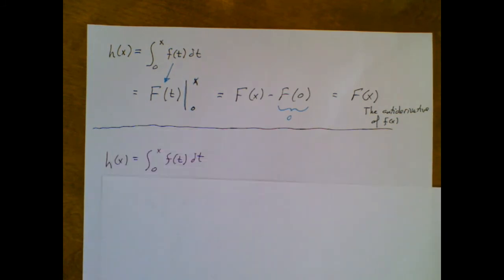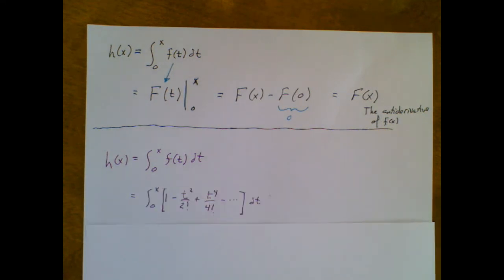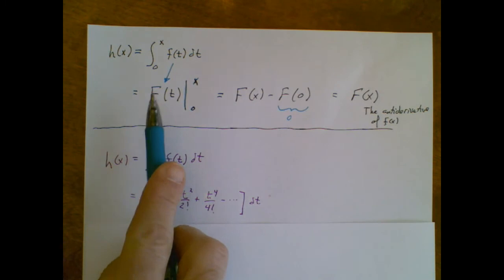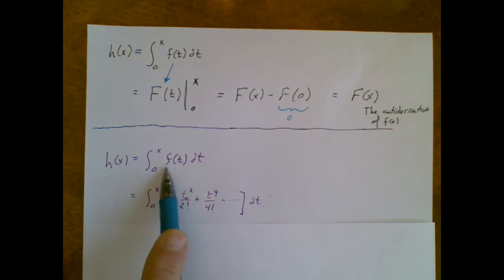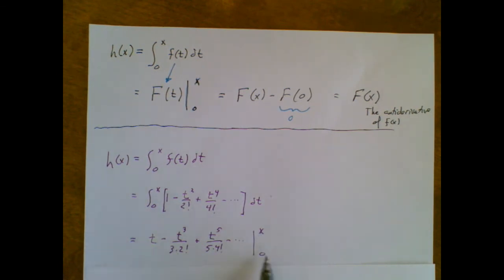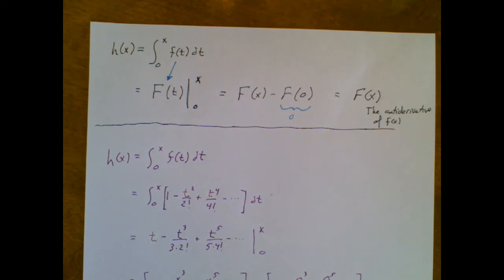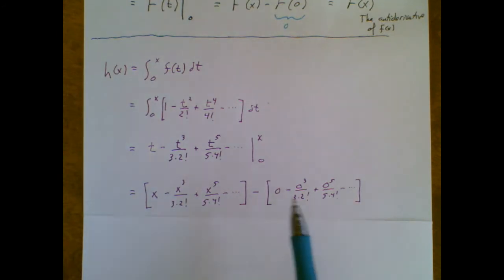Let's do that same thing, but now let's do a little bit of nitty-gritty. Same thing, but now instead of doing the antiderivative in symbolism form, I go to that original function f of x, and I haven't done the antiderivative yet, but I'm soon going to do the antiderivative, term by term. So f of x, which we're going to write as f of t, looks like that. When I do the antiderivative, it looks like that. Now I plug in the limits of integration, and it looks like a mess, but it's not a mess because this whole thing's going to be 0.